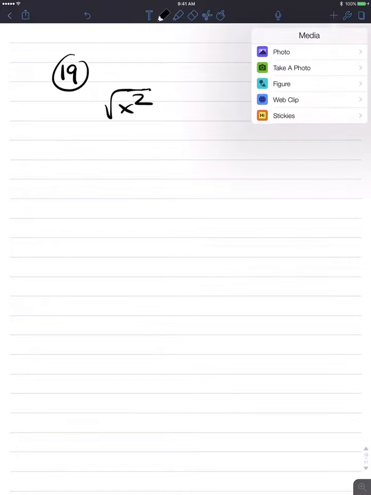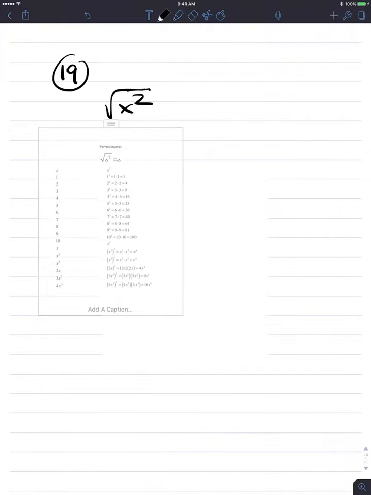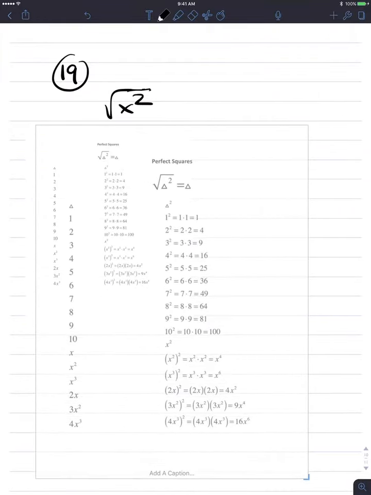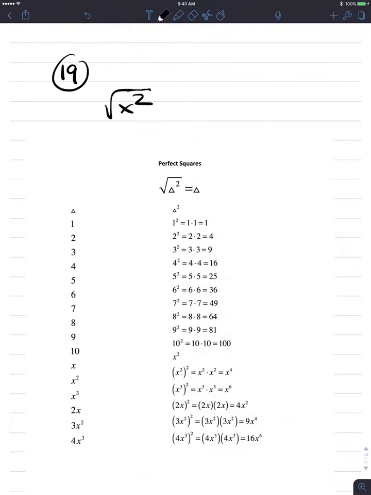Number 19, the square root of x squared. Now, let's take a look at this. If we look at the list here, we notice that we don't only have values on this list. We have these variables, in that x squared is a perfect square because it's on our perfect square list.